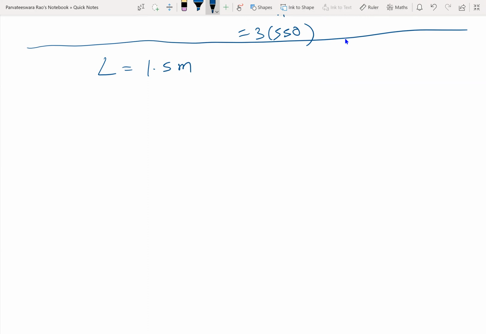A pipe of length 1.5 meters closed at one end with a gas is resonating in its fundamental mode using a tuning fork.